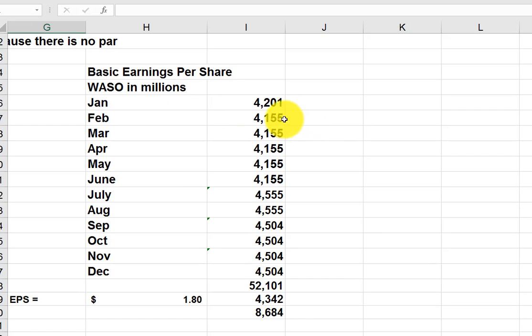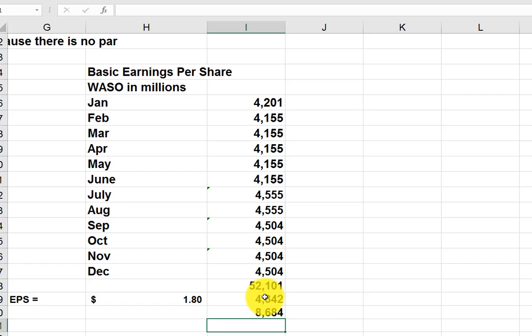Then there's a purchase of treasury stock in February, so it goes down with the purchase of treasury stock, stays the same till July, when the new shares are issued to those exercising their options. Goes up by 400, and it stays the same until September, when more treasury stock is purchased, all the way through December. We then just add them up and divide by 12, because you've got 12 numbers, to get your weighted average, which was 43.42.